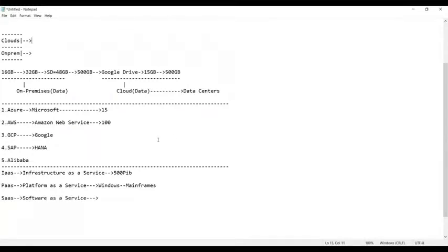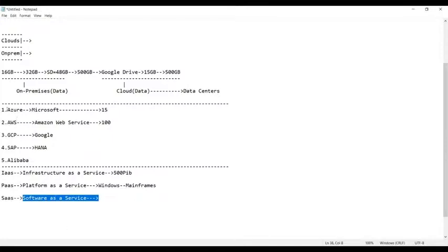So this is the set of all the applications we have. Whenever you require some software or some applications to be installed on your PC, that comes under software as a service. Simply we need to inform our cloud provider to install this or to make it available for you.